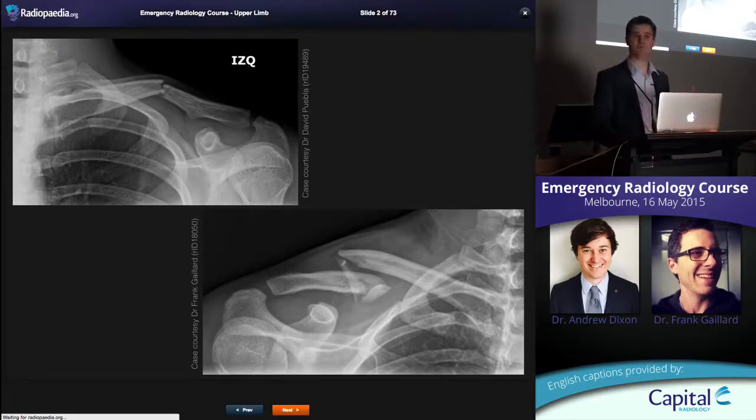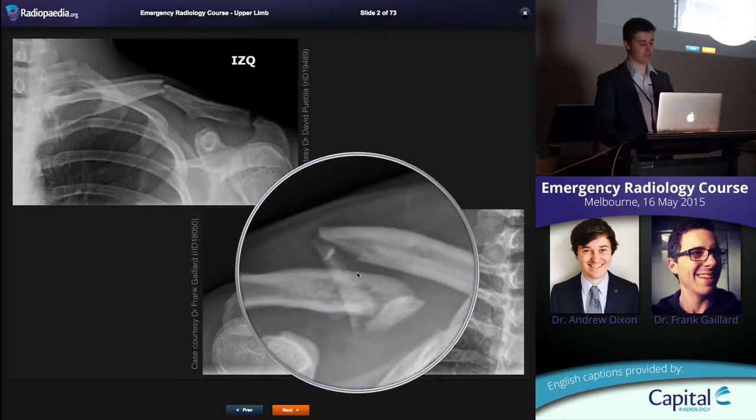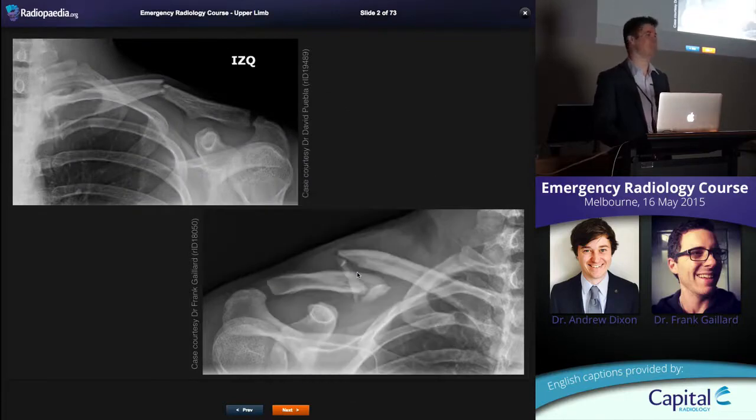With clavicle fractures, no one ever comes and asks me about them because clavicle fractures are easy. So we're not going to talk much about them. The main things to notice are if it's really angulated, like this case up here, or if it's really displaced and comminuted, then the surgeon is probably going to put a plate in and fix it. If it's not too displaced, they're not going to do anything about it.